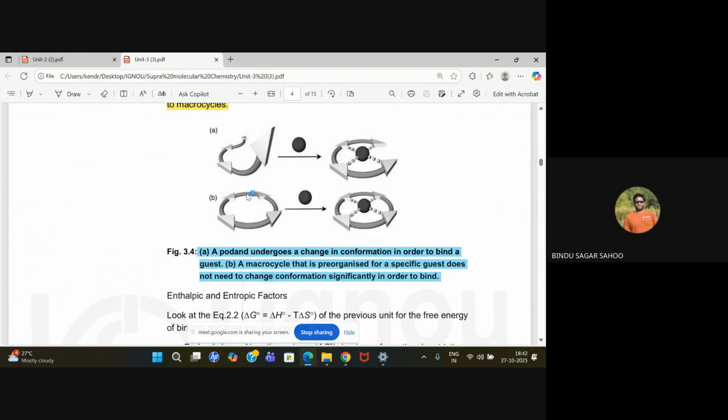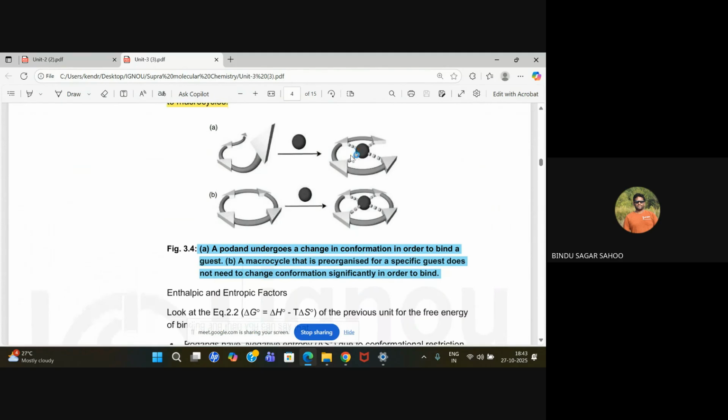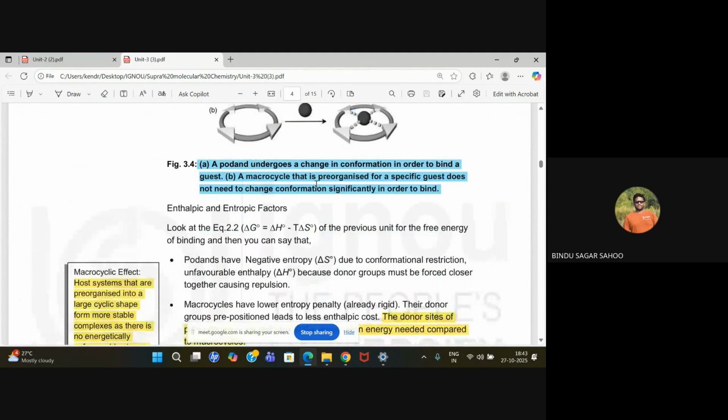But in the macrocycles here, these four are the ends for interaction with the guest molecules, and they will form a complex like that. In both cases, stability arises after interaction, but in macrocyclic cases, the stability will be a little more compared to the podand structure. So if you check the enthalpic or entropic conditions.